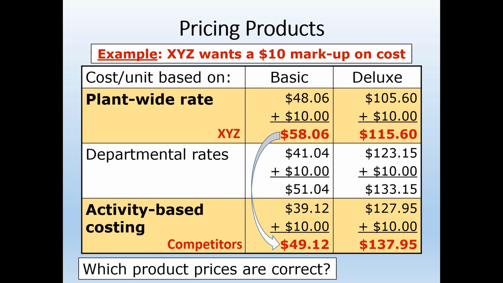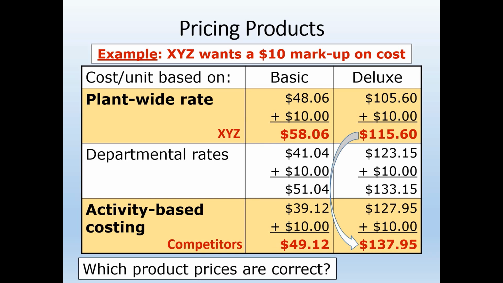That means that XYZ will be trying to sell its basic units for about $58 each, whereas its competitors will be selling similar units for just over $49 each. So what's going to happen? The competitors' units will sell and XYZ's more expensive units won't sell.